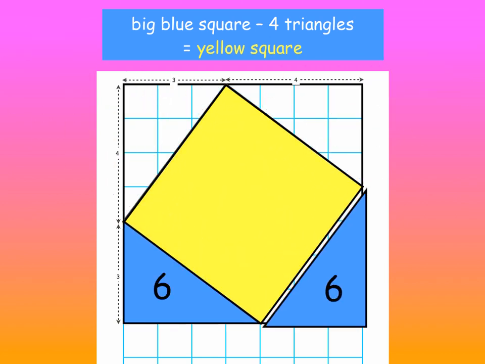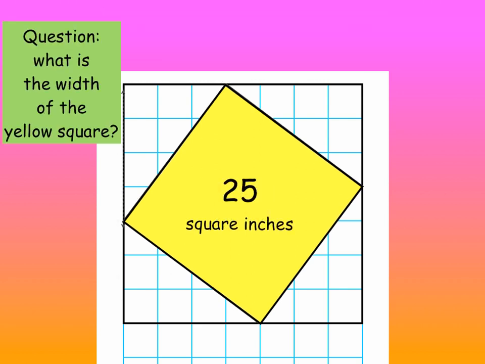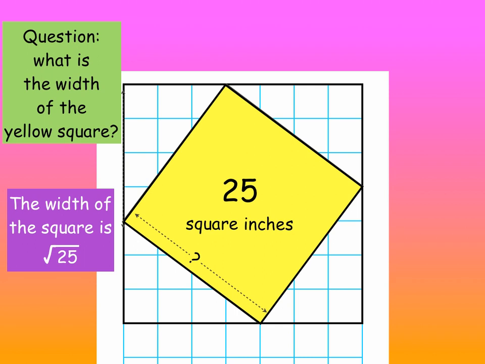Okay, let's get rid of those triangles. We just did 49 minus 24, and that leaves 25 square inches. So what's the width of this yellow square? The width of the square is the square root of 25. And we know that square root, that's 5.